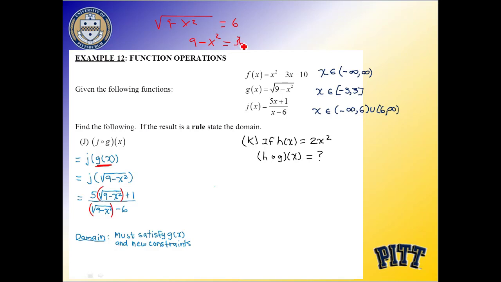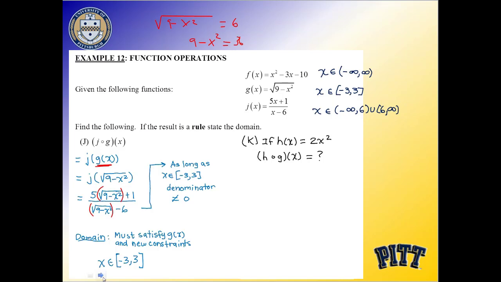Well, for me to start off with a number 9, subtract something from it, and end up with a bigger number means that something I'm subtracting has to be negative. X squared is not going to be negative if I'm only accounting for real numbers. So there's no way that the bottom is going to become 0 in this scenario. So there are no new constraints. So basically, if I satisfy negative 3 to 3, I'm good. I'm not going to have anything that's going to make the denominator 0. Therefore, negative 3 to 3 is my domain.